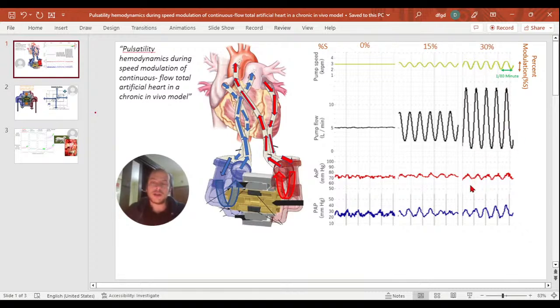And we can also see that the aortic pressure goes up and down in systole and diastole, like the normal physiology. And also we can see this systole and diastole in the pulmonary artery pressure.